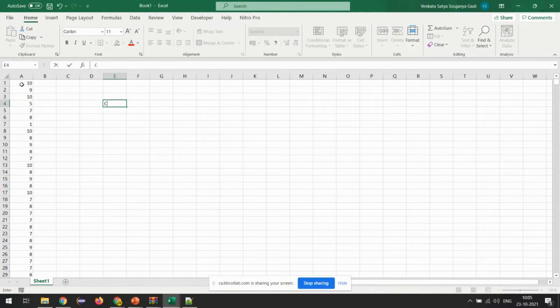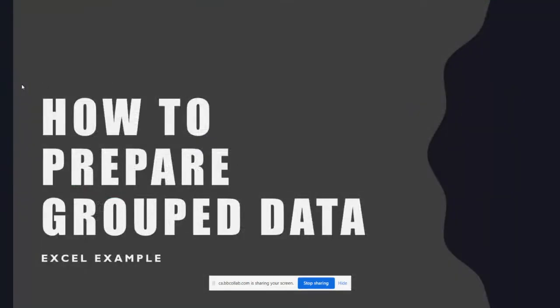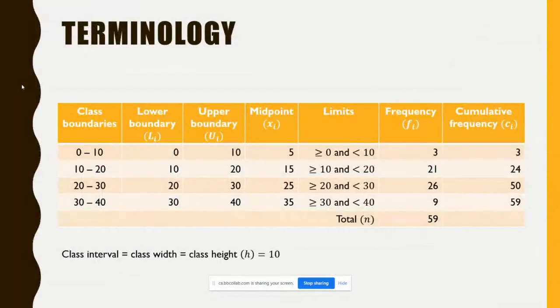So how do we prepare group data? Before preparing the group data, let us see the terminology of the group data. If you see the terminology, we use this very commonly. Class boundaries. The class boundaries have lower boundary, upper boundary, midpoint.